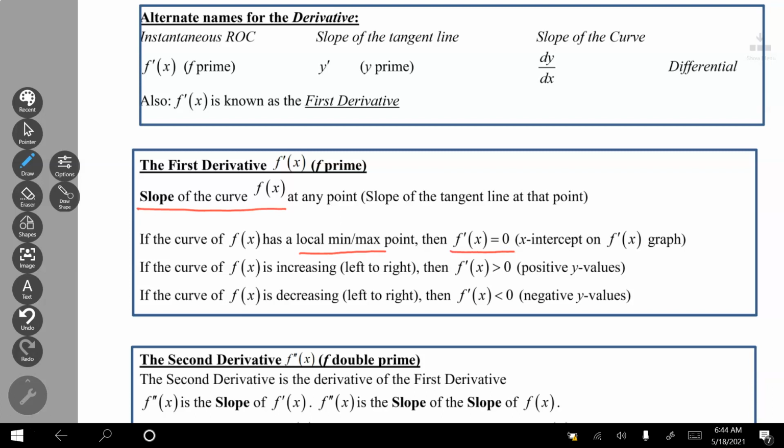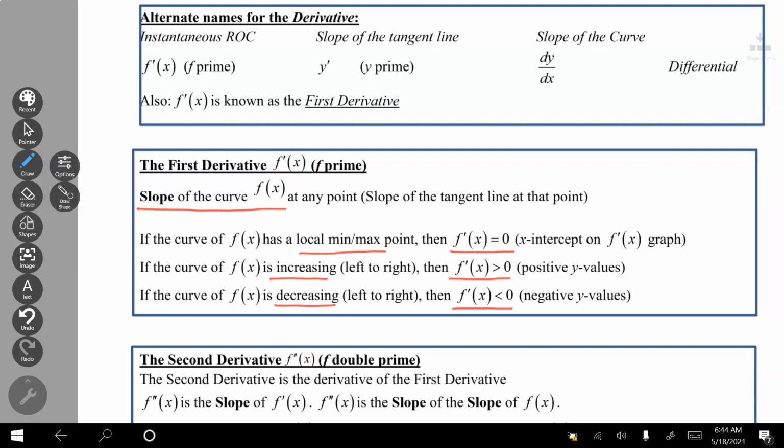That means if the original graph has a min or max, the f prime graph would have an x-intercept. If f is increasing, then f prime is positive, above the x-axis. If the original graph is decreasing, then f prime is negative. That means it's below the x-axis.